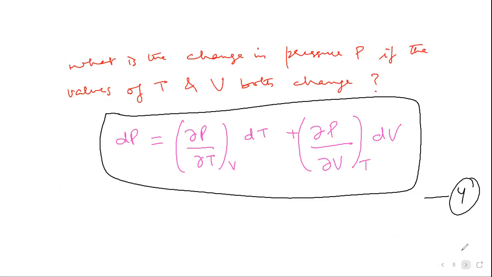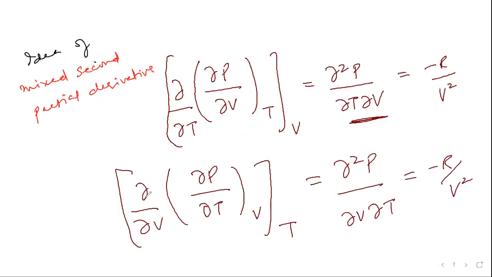Then we talked of the mixed partial derivatives. We said that if we differentiate pressure first with respect to volume, then with respect to temperature, we get minus R by V square. If we reverse the order of differentiation, first with respect to temperature, then with respect to volume, we get the same result.